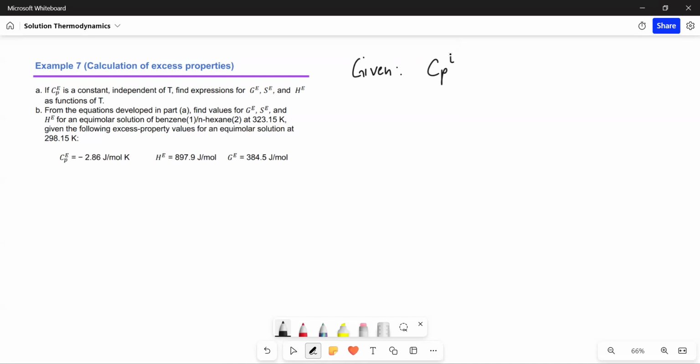So let's assign for convenience it's letter A. So A is a constant, where A is a constant, and it's temperature independent.